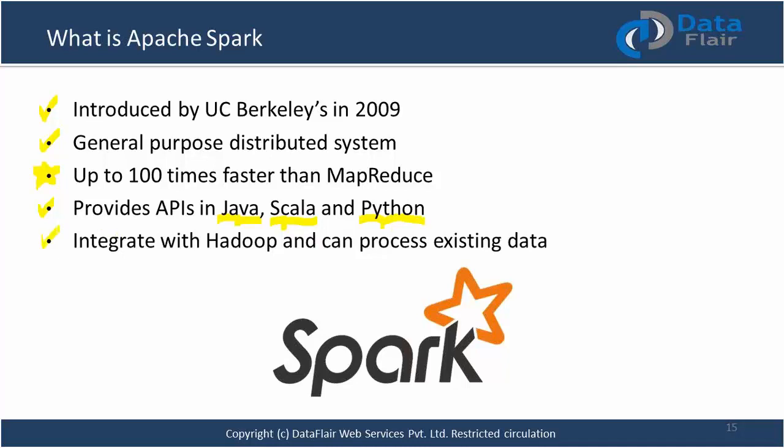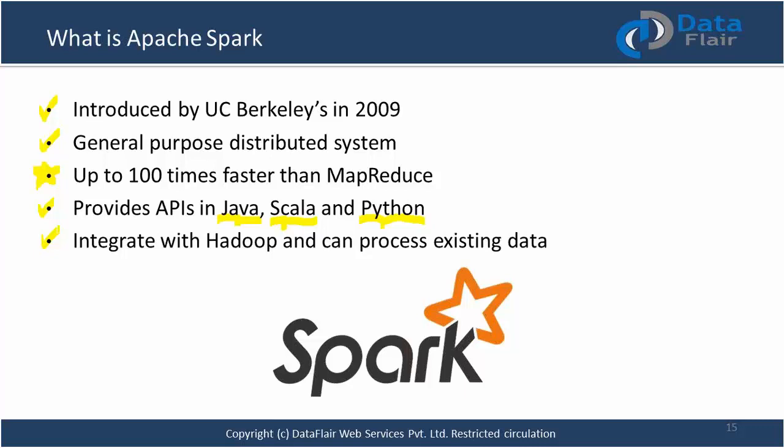It integrates very well with Hadoop and can process existing Hadoop data. No need to extract Hadoop's data. It processes that data very well. And guys, another pretty important characteristic of Spark, it also follows data locality.